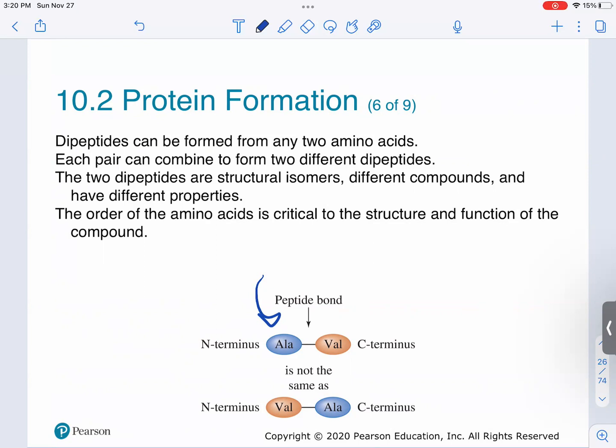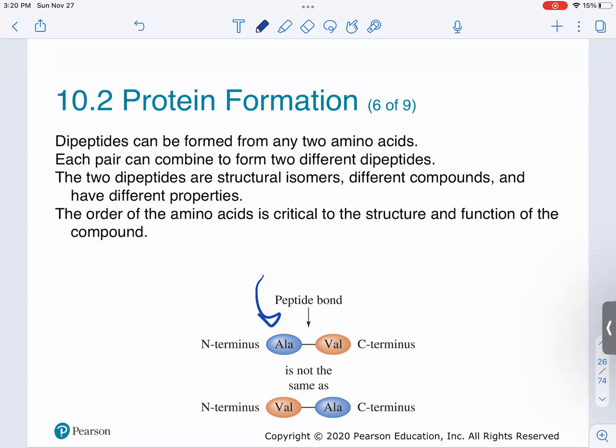So the order of those amino acids matters in respect to other amino acids present or nearby in interactions that they may have with them. So the order of those amino acids is what dictates the structure, and the structure entirely matters for the function. The structure makes the function.